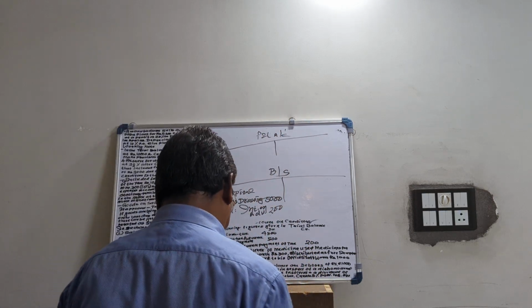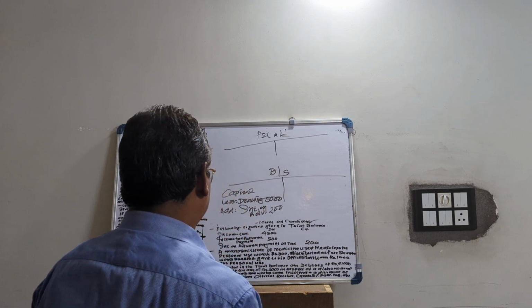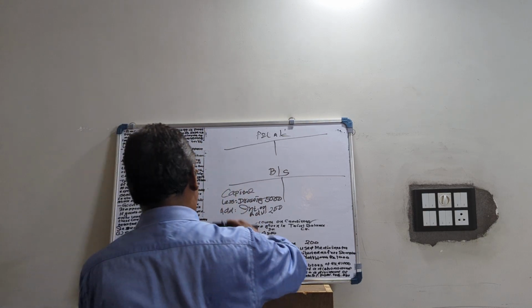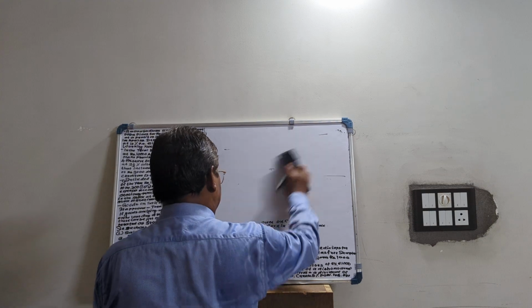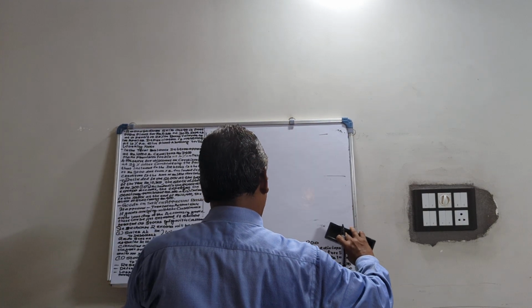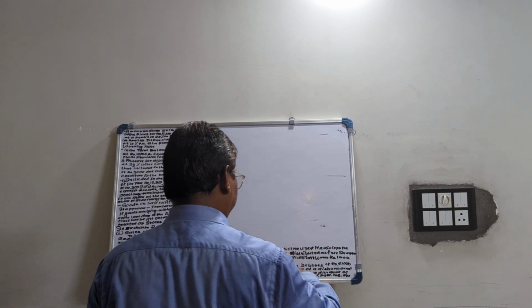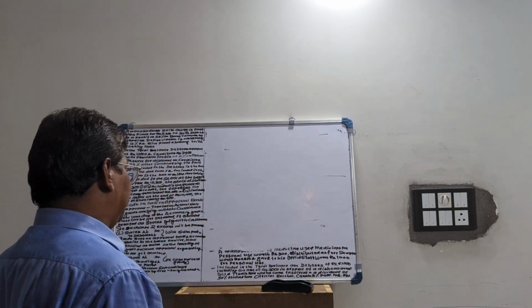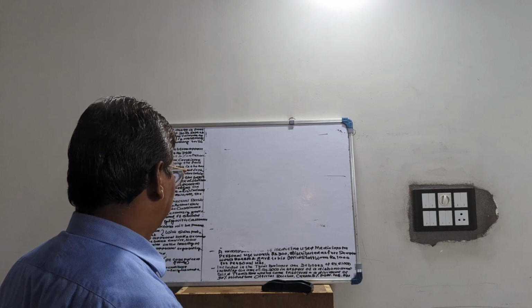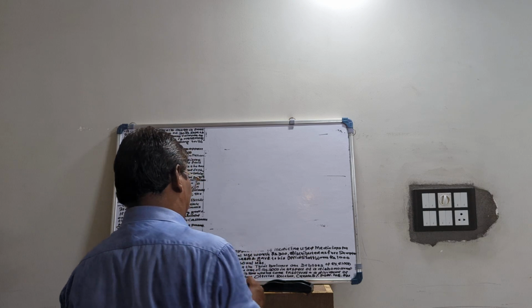A manufacturer of medicine used medicine for personal use worth 300, distributed free samples worth 2,500, and gave to the office staff worth 1,000 for personal use.